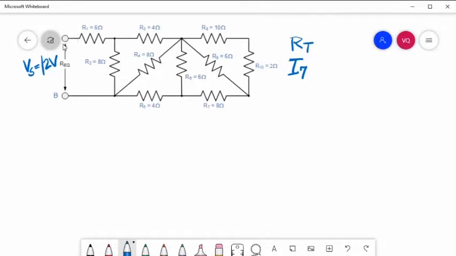Okay? So earlier, I discussed already on how to redraw this kind of circuit. So, if we will redraw this circuit, what will be its equivalent circuit?